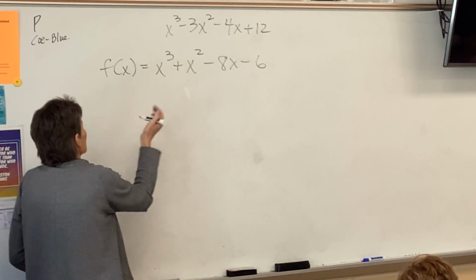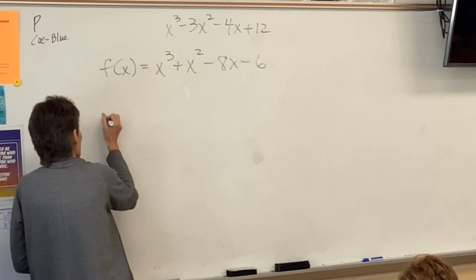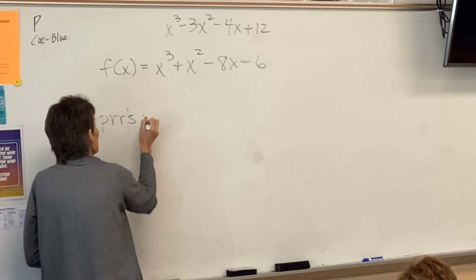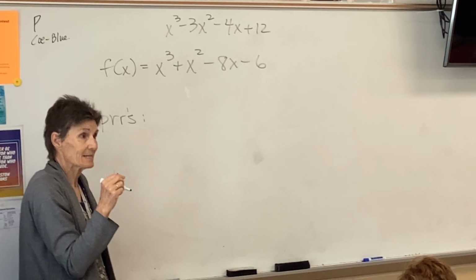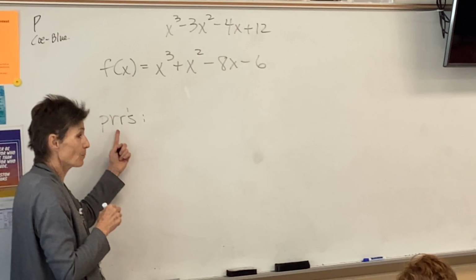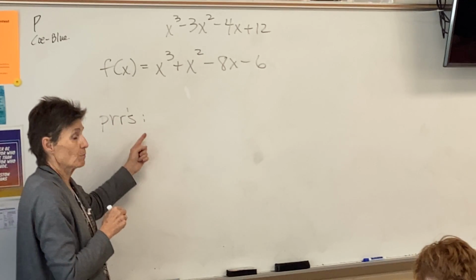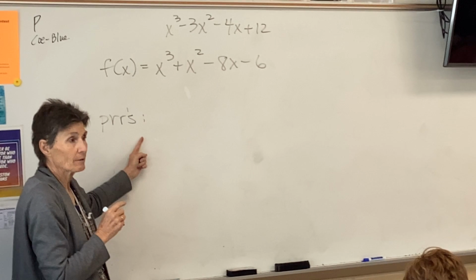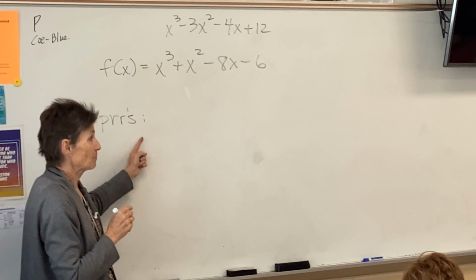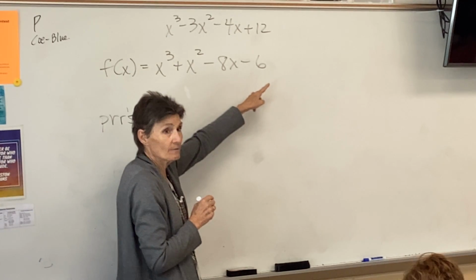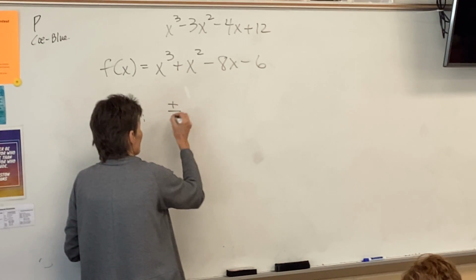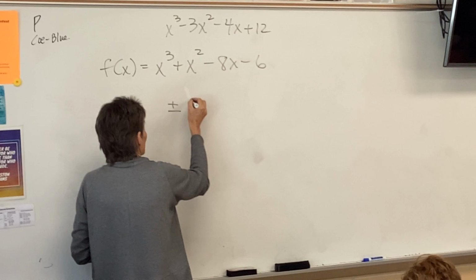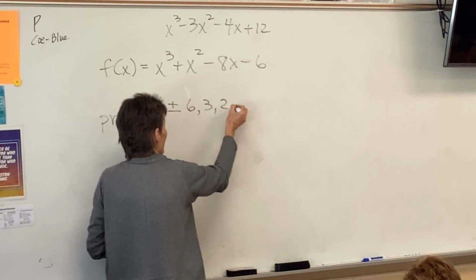So, if you want to, there's no law that says you have to, make a list of your possible guesses, possible rational roots. And remember where those came from? How do we get our guesses? Factors of 6, which would be what? 6, 3, 2, and 1.